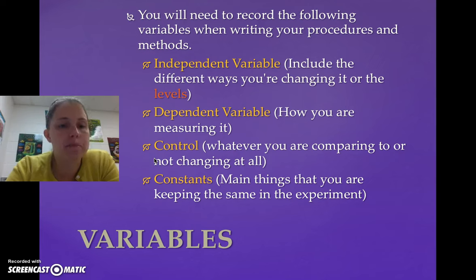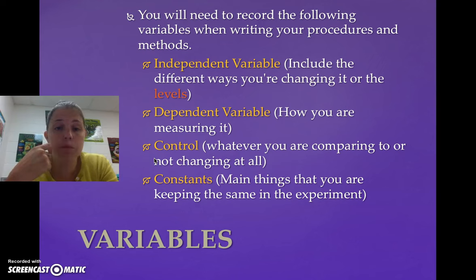So for example, my different levels may be 10 milliliters of water, 20 milliliters of water, 30 milliliters of water, 40 milliliters of water, and only natural ways of getting water. Those might be the levels of my independent variable. So the independent variable is the amount of water. The different levels is the specific amounts that you're giving.